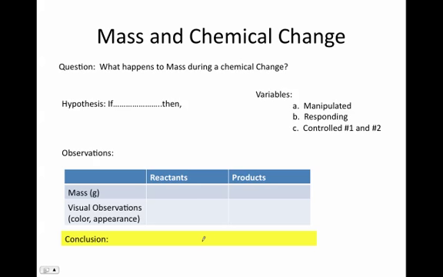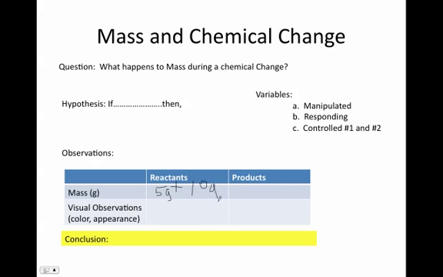So I want to talk about what happens between the ingredients, which are the reactants, and the products when they undergo a chemical change. So let's say we have two ingredients and their masses are 5 grams and the other one was 10 grams.